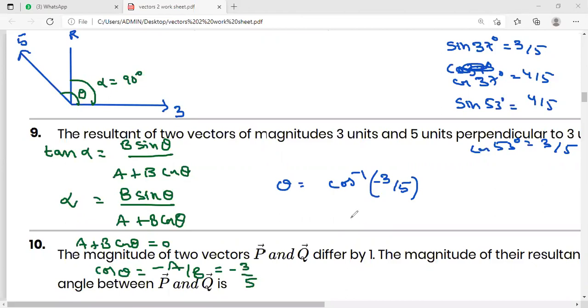Negative values you will get between 90 and 180. So the final answer will be 180 minus 53. What is 180 minus 53 then? 127. 127 degrees. Okay, that is the answer.